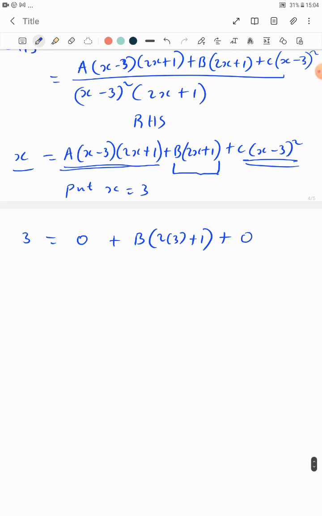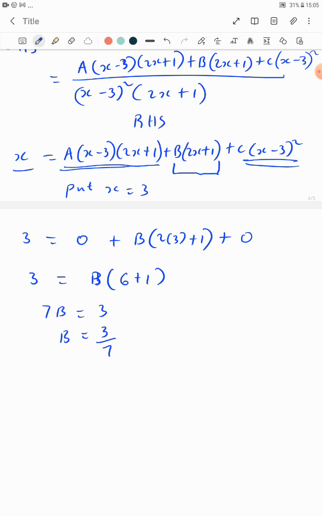All right, so you can now say 3 equals B times (6 plus 1), and that will be 7. B equals 3 over 7. So we have gotten our B.